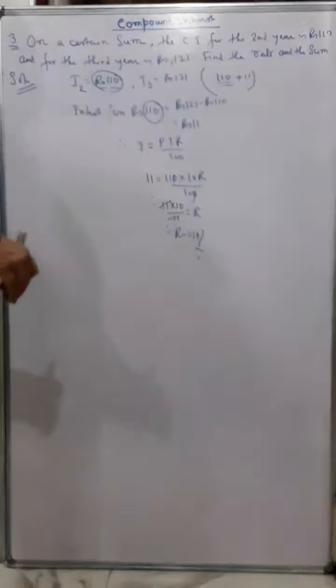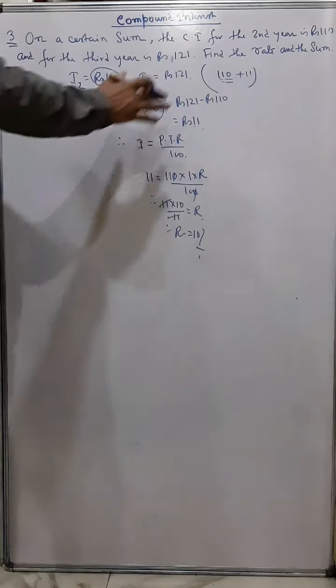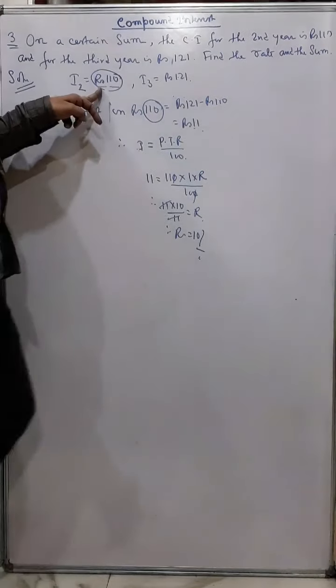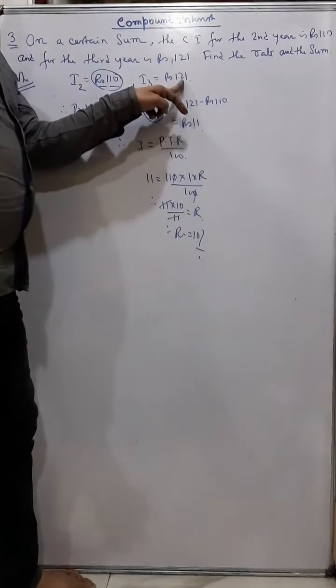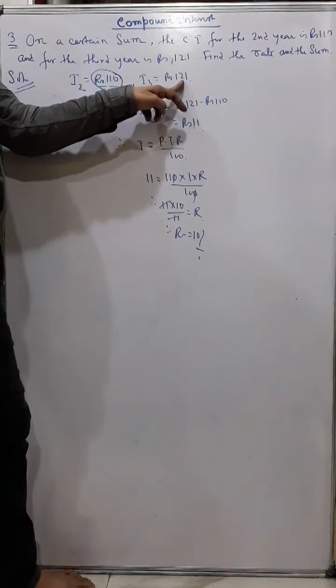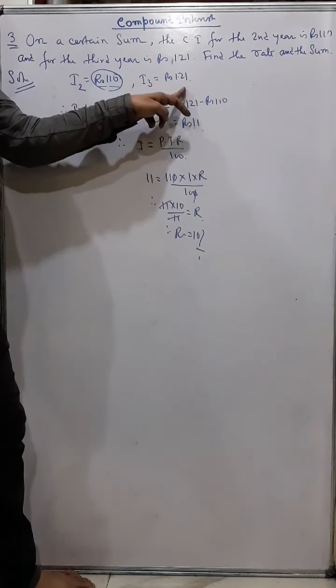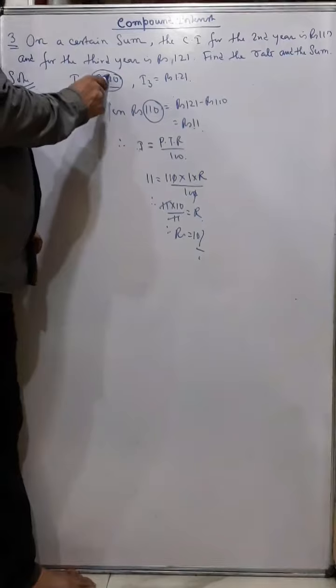Understand? Very important. I am repeating again for some of you if you don't understand. Interest for the second year is given 110, interest for the third year is given 121. In my video part 1 I have already explained why compound interest increases every year, because interest is charged on interest.